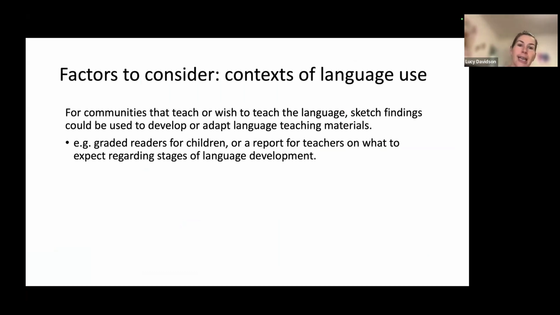So for communities that teach the language at school or wish to teach the language at school, your sketch findings could be used to develop or to adapt existing language teaching materials. Examples of this could be graded readers for children, graded for age and developmental level, or a report for teachers on what to expect regarding stages of language development, and many other possibilities as well.